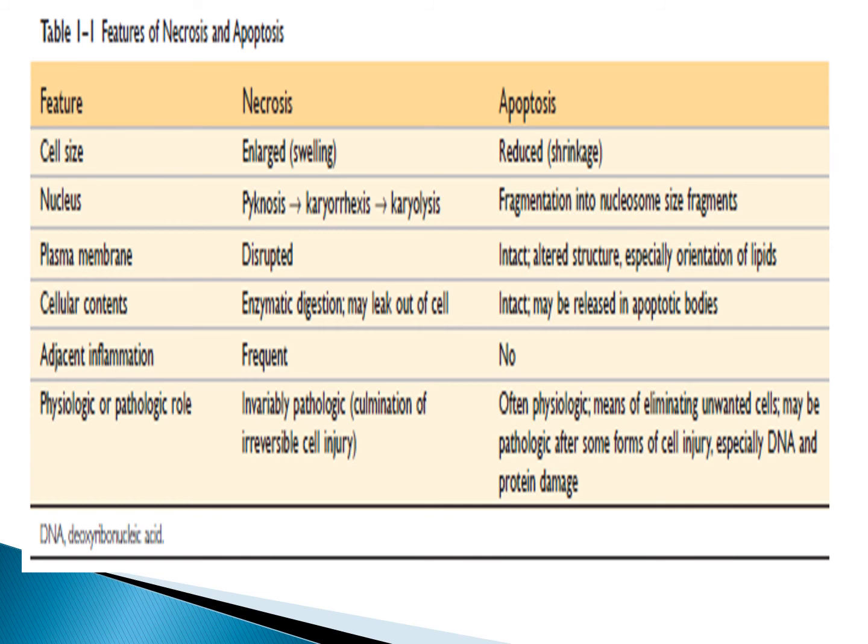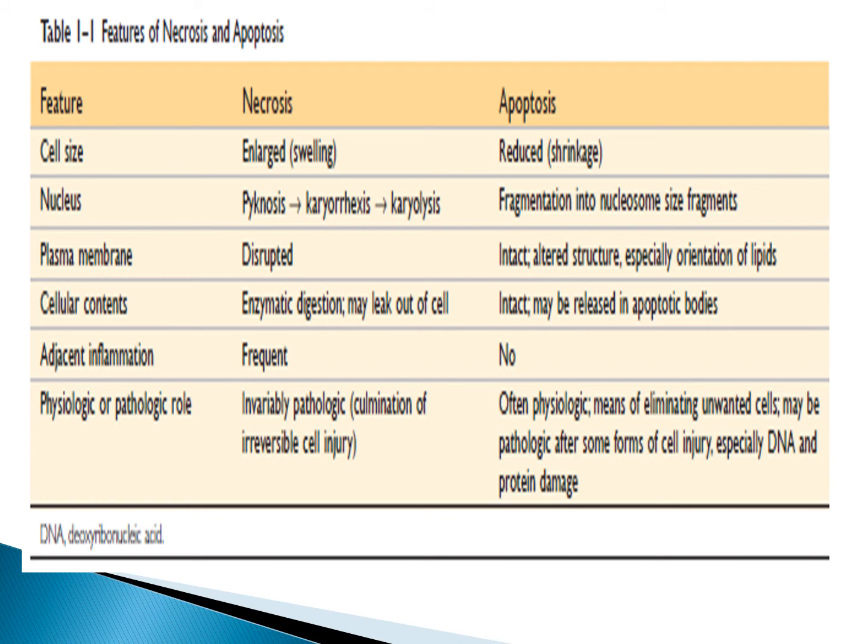So there will be no inflammatory cells in the area. Maybe just a few macrophages will come to digest the few apoptotic cells, but there will be no marked inflammation like in necrosis. Apoptosis also can be physiologic and can be pathologic, and we will talk about them in detail when we come to apoptosis.